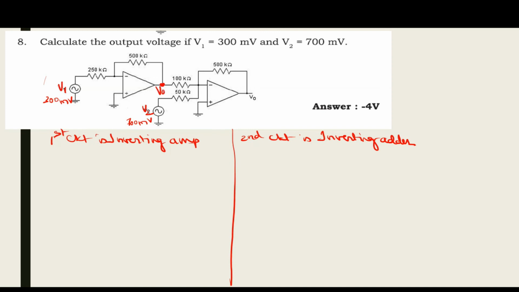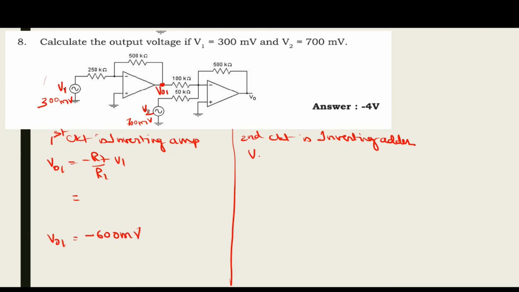So what are you going to write here for this one? VO1 equal to minus RF by R1 into V1. So VO1 is equal to minus of RF by R1 into 300 millivolt. Later you substitute and give me the answer for VO1. Minus 600 millivolt. Okay.